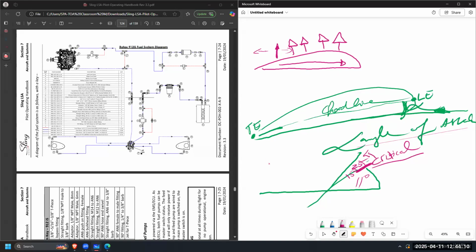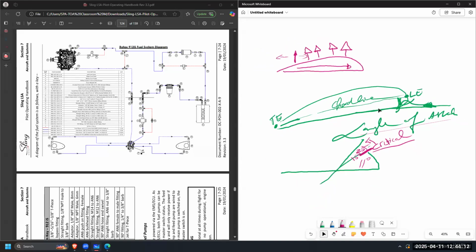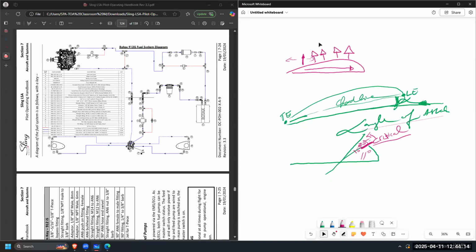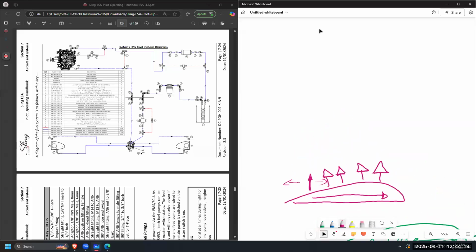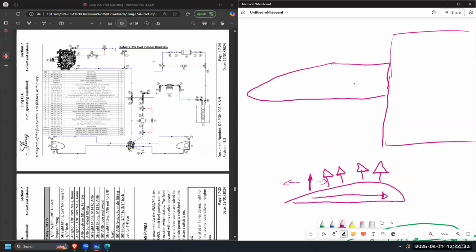So now if I look at the surface of this wing from above, let's say this is the wing, right? Now I look at it from this perspective. This is my fuselage. So this is the airplane.